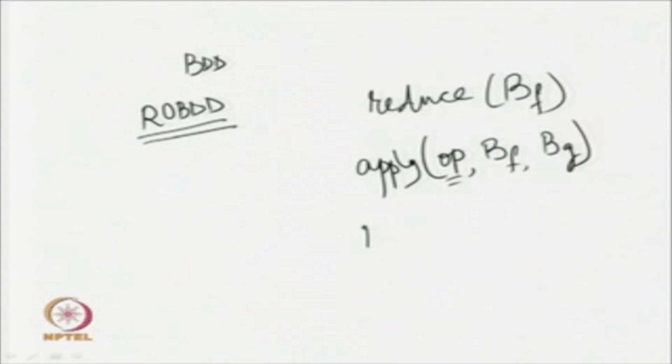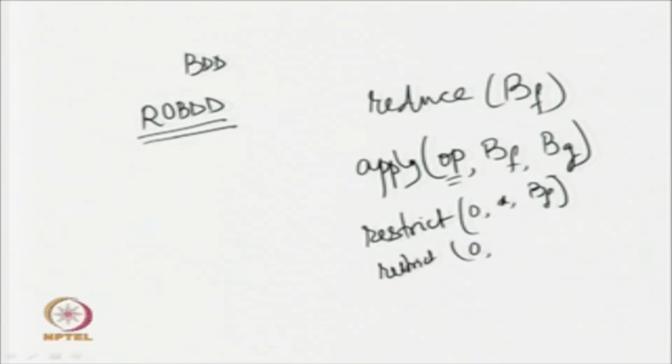We have seen another distinct algorithm which is restrict. We can restrict the function on some variable to be 0 or 1. So, I can say restrict 0 x B f, or we can say restrict 1 x B f. Okay. So, this is the restrict operation. And we have seen another algorithm which is exists.